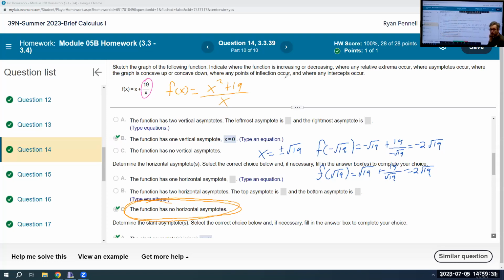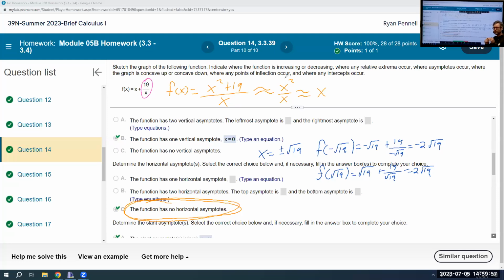The order of the numerator is one more than the denominator. So this is roughly just x. It's roughly y equals x. And we say that doesn't have a horizontal asymptote.